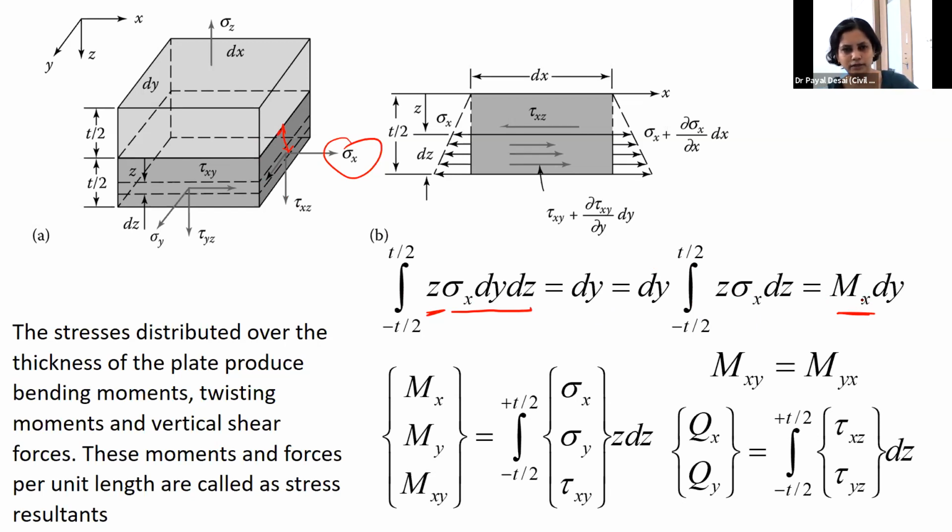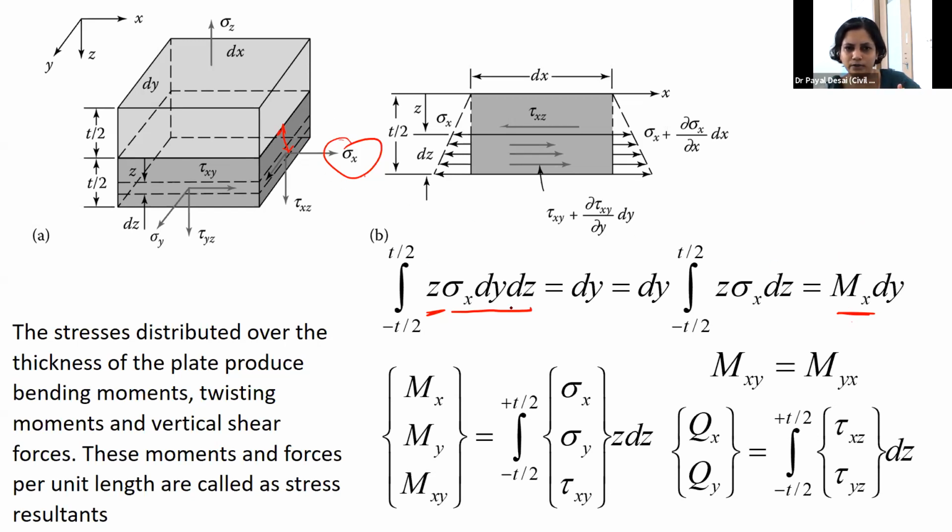For the sign convention, we follow the right hand rule when applying any force, and the moment is positive when the direction of the thumb follows the right hand rule. So simply you multiply sigma x with the cross sectional area, get the force, get the differential moment, and integrate it over the surface, and you get the bending moment in the x direction.